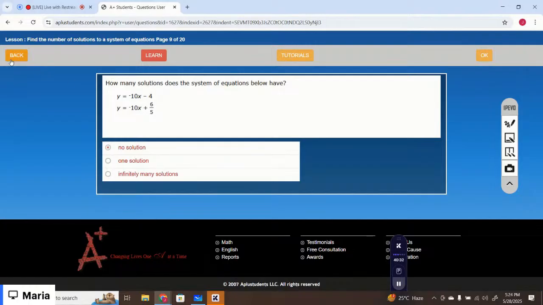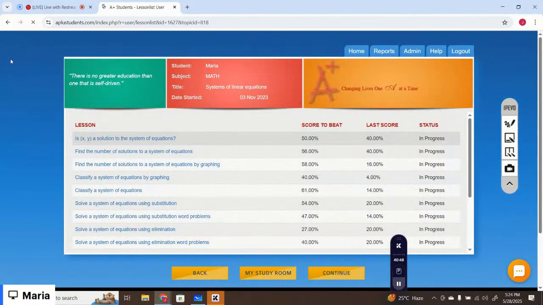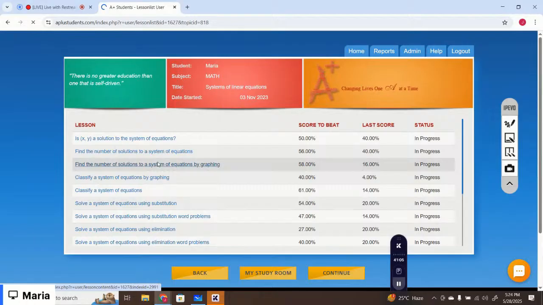Okay, you can complete the lesson by yourself later today. Let me just do the next lesson. The next lesson is find the number of solutions to a system of equations by graphing.